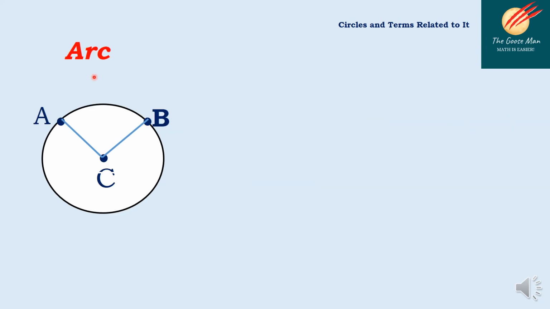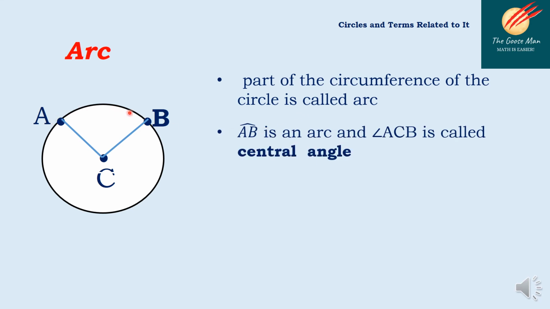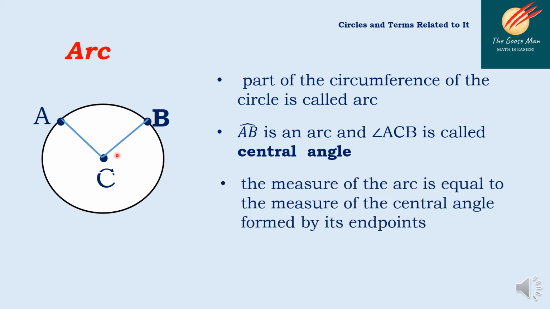On the other hand, an arc is a part of the circumference of the circle. Here, arc AB is an arc and angle ACB is called the central angle. Take note that the measure of arc AB is equal to the measure of the central angle ACB.